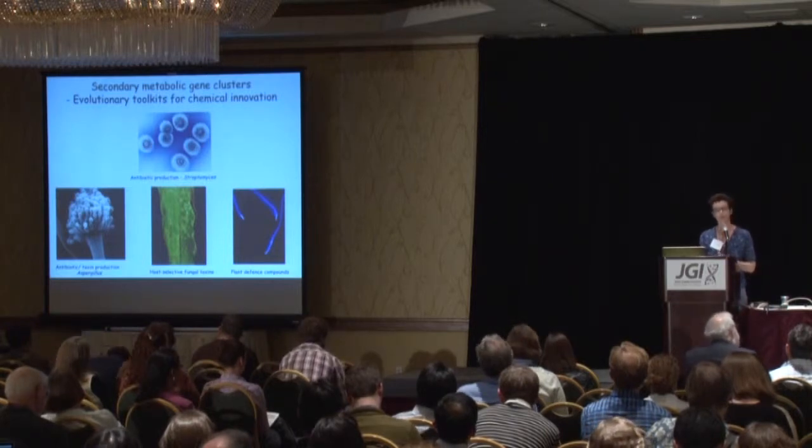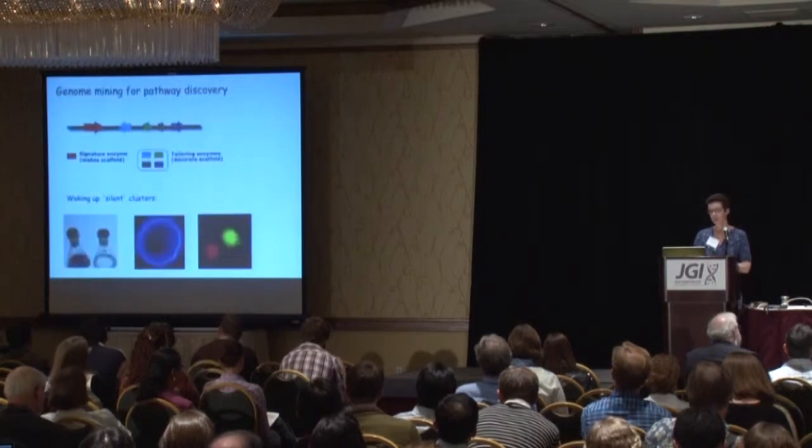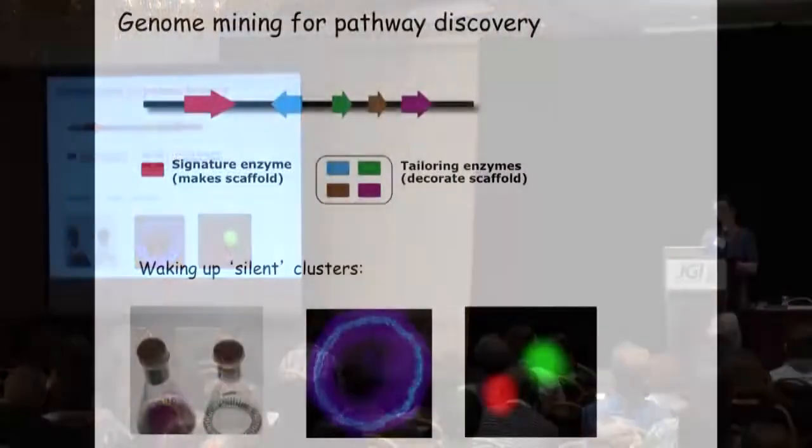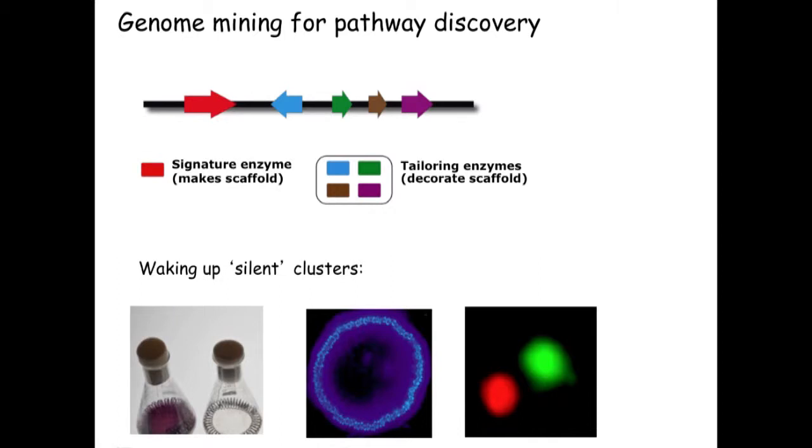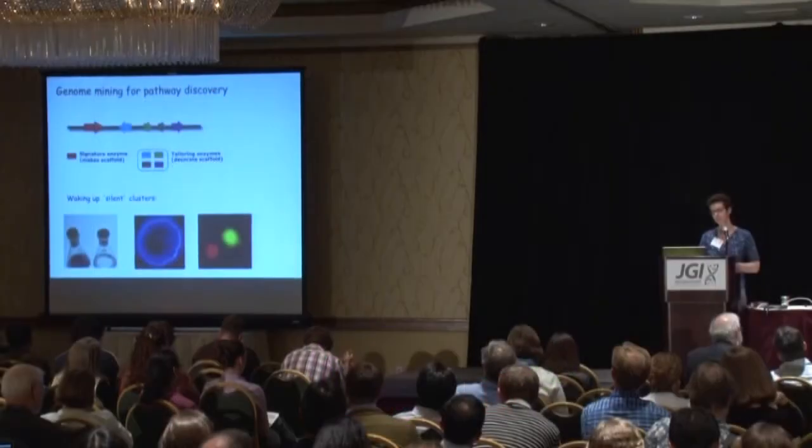So what's going on? And are these things parallel? Are there commonalities? There are strategic benefits to the clustering phenomenon, as we know. We can mine genomes for pathway discovery, but plant genomes are bigger, somewhat more complex, and we're dealing with large intergenic regions.